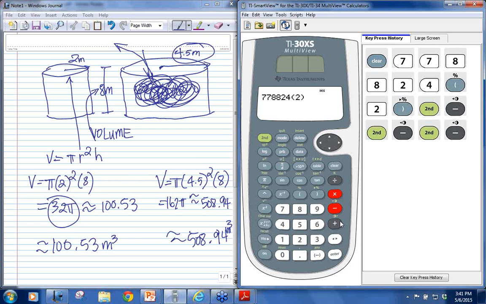Some of your students will come to class and say, well, teacher, my calculator doesn't work. Every time I press something, there's nothing showing up on the screen. The first thing that you check is to make sure that this area right here, the charging solar panel, is not blocked.